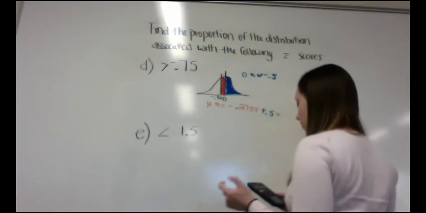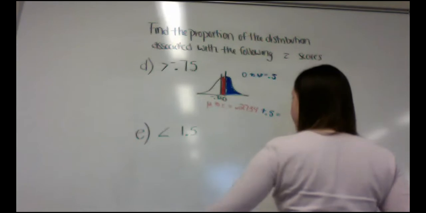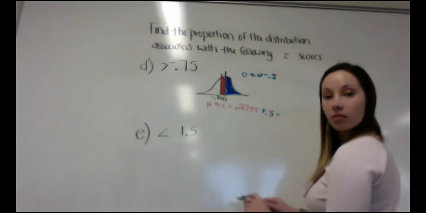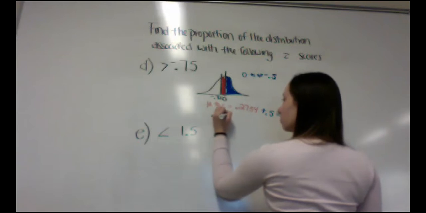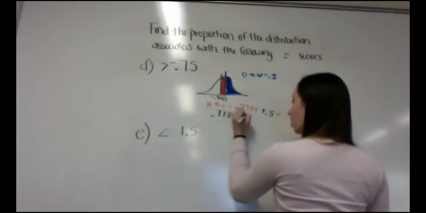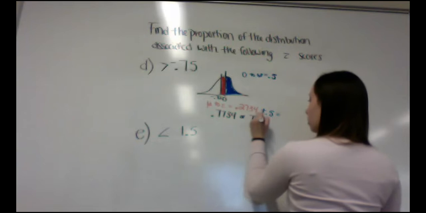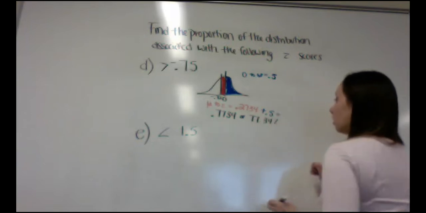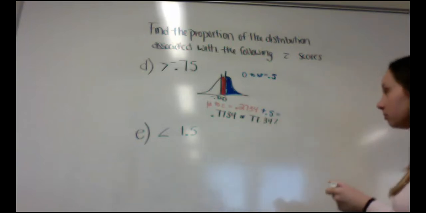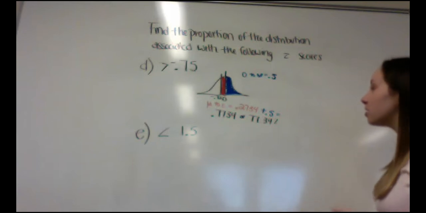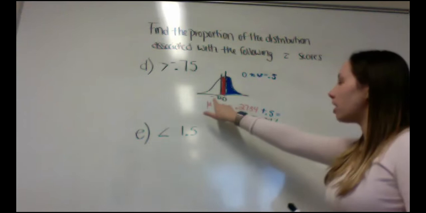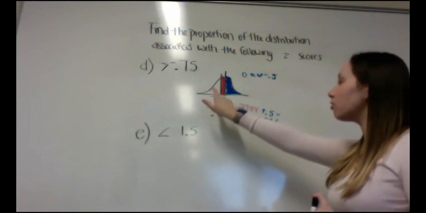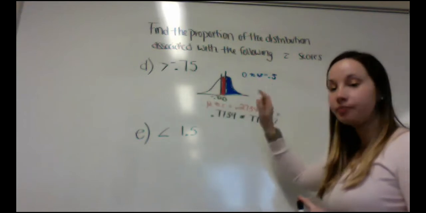And we get 0.7734 when we do that, or 77.34%. So what that's saying is 77.34% of the distribution is associated with a z-score of negative 0.75 or greater.